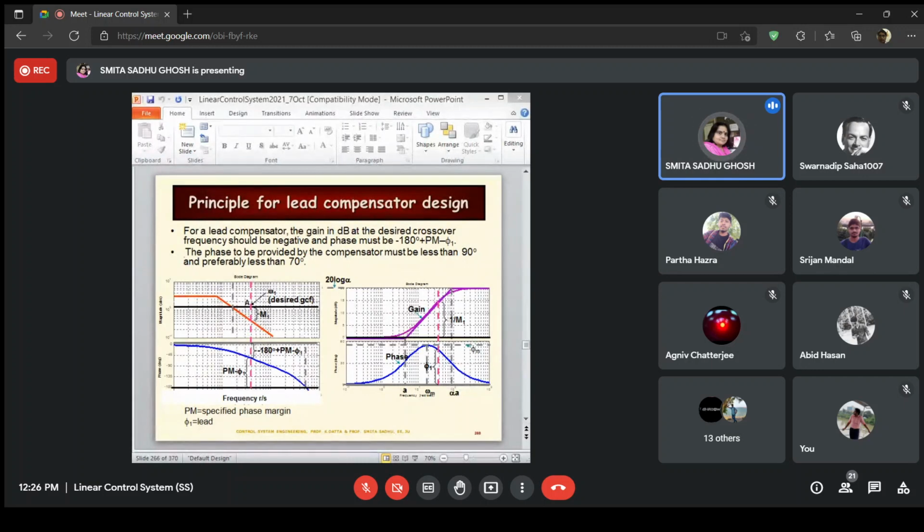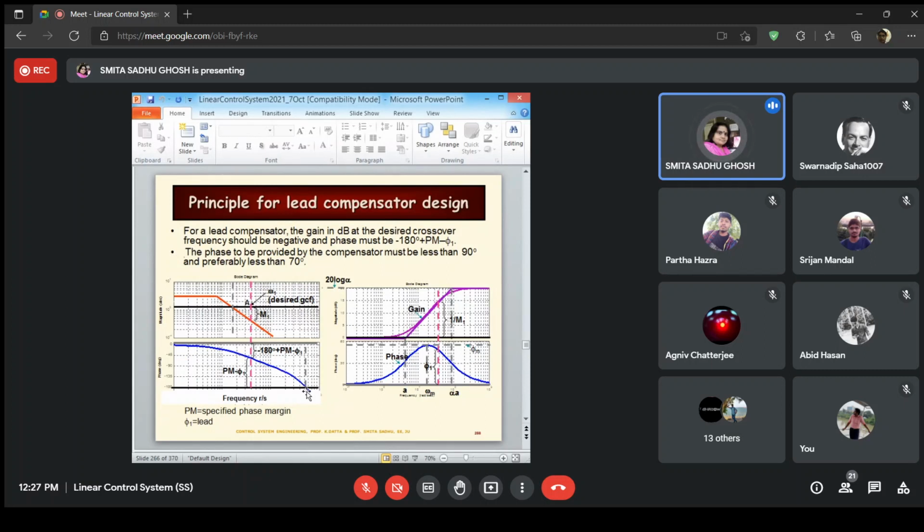So 0 decibels is the value of gain that I would be wanting. From that knowledge, I know that I would have to place my desired gain crossover frequency in the other range. That is one thing that I understand from the uncompensated system magnitude plot.